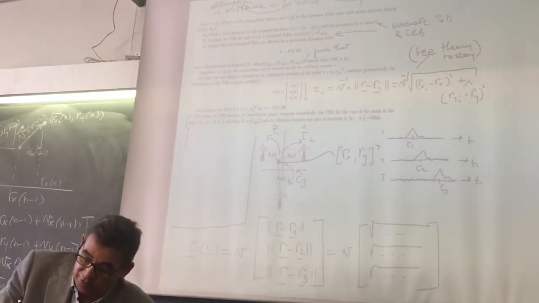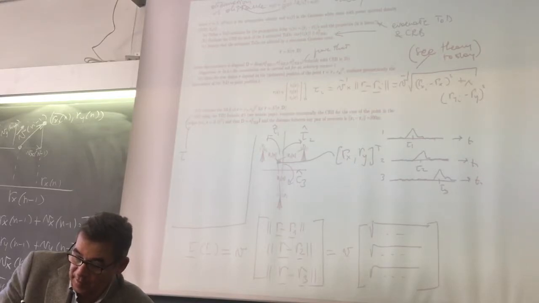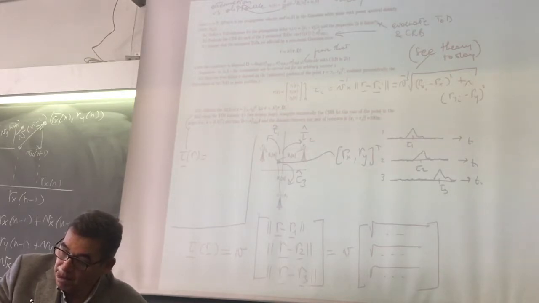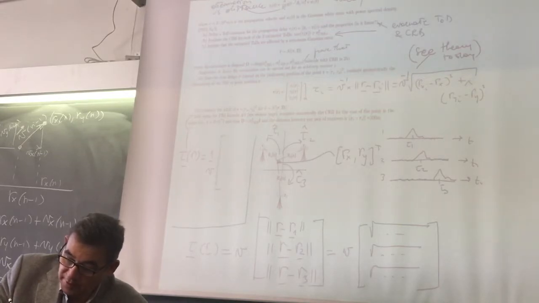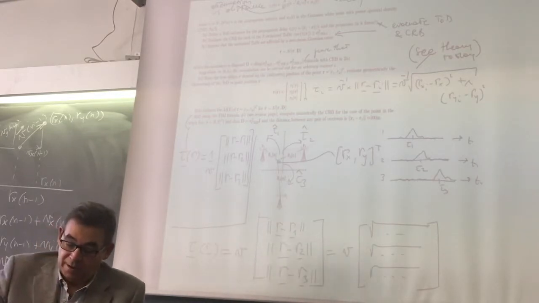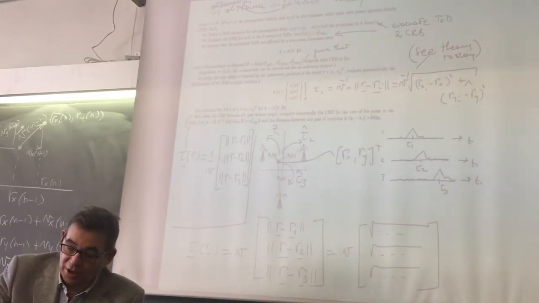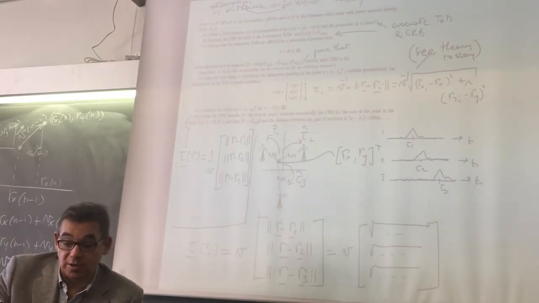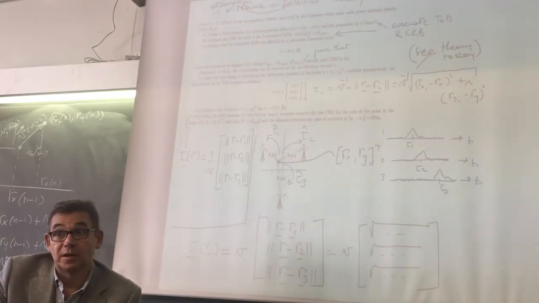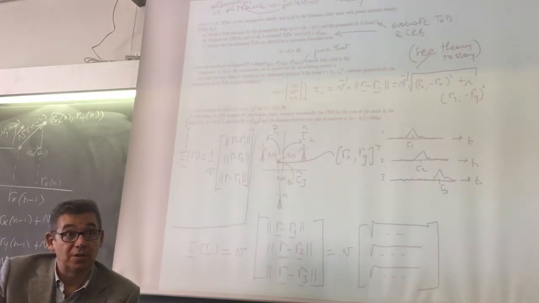So this vector of tau is equal to 1 over v, then a vector of distances. Assume that I know the Cramer-Rao bound on tau. My goal is to get the Cramer-Rao bound on R. So this is a change of variable between tau and R.